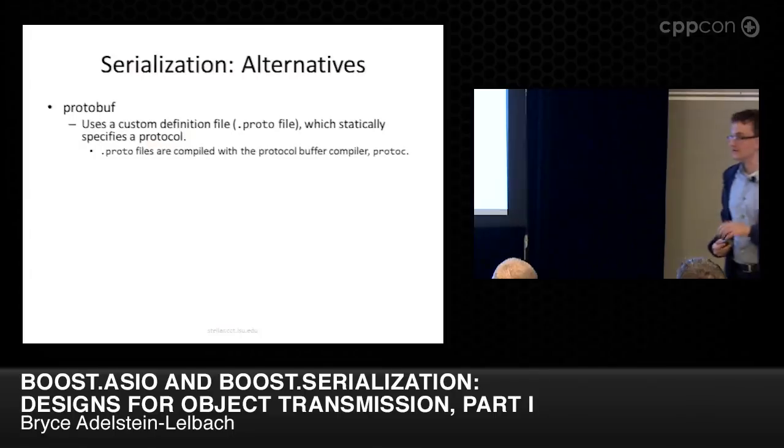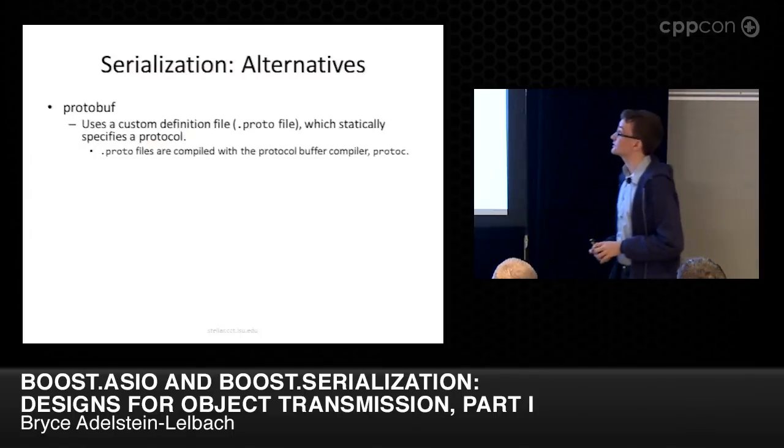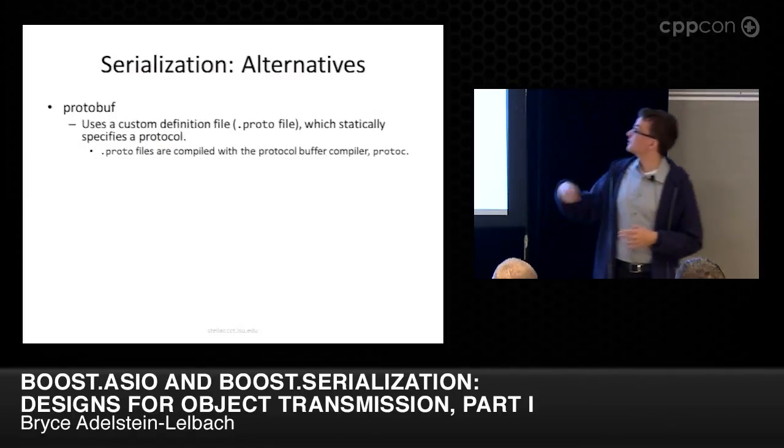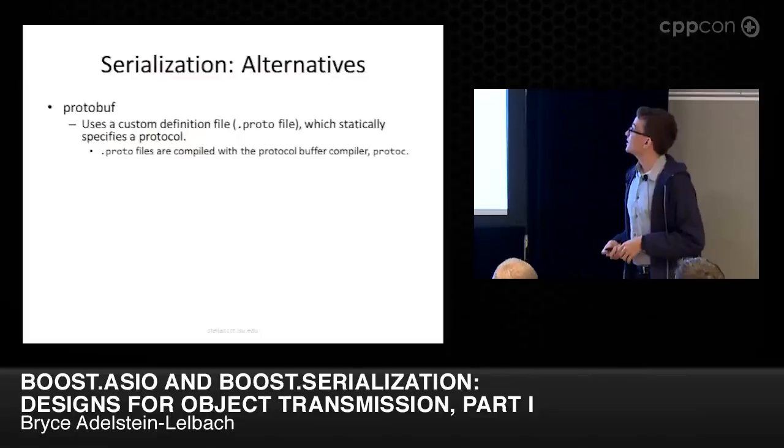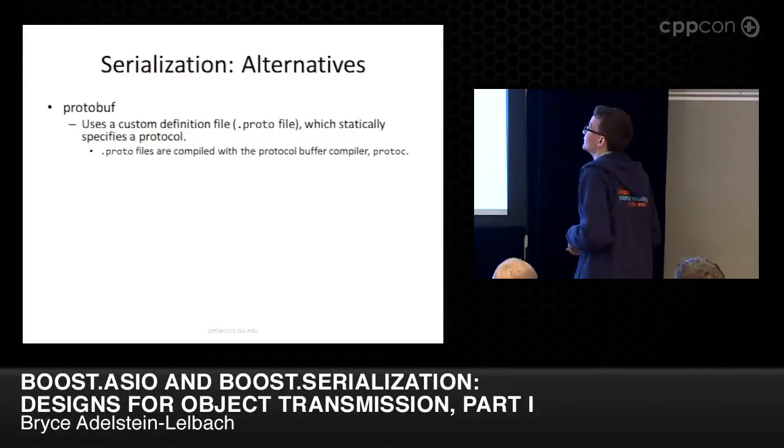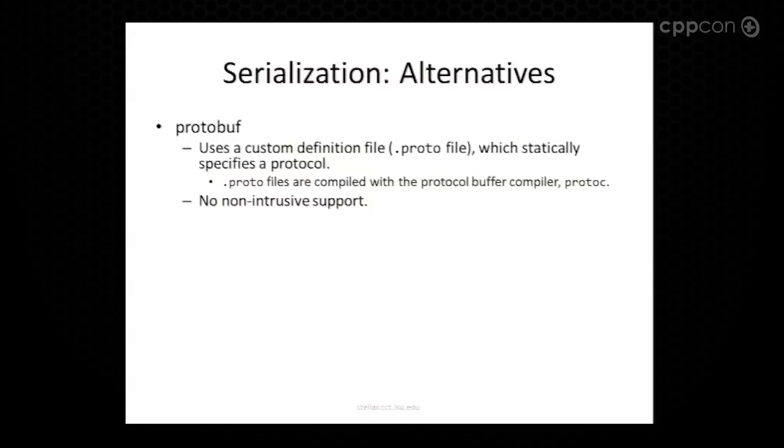If you've got some network protocol, it's a really good solution. It allows you to define your custom protocol. You have these .proto files. It's got no non-intrusive support, to my understanding. And it doesn't interoperate with STL or Boost data structures.